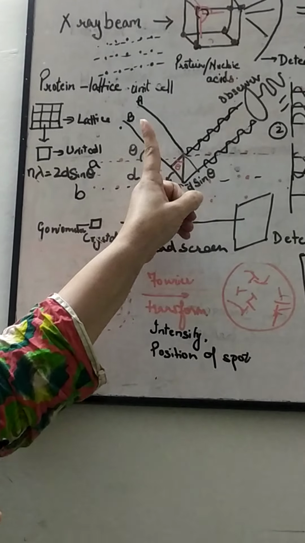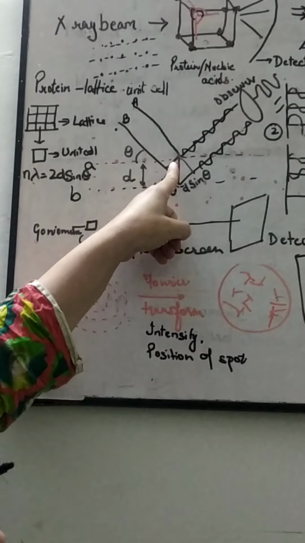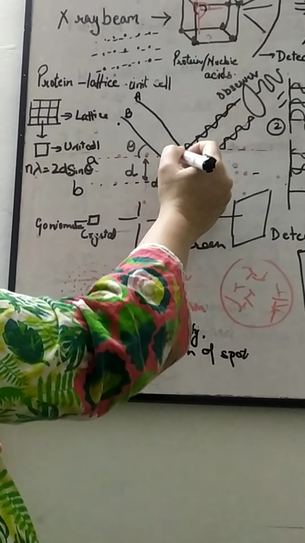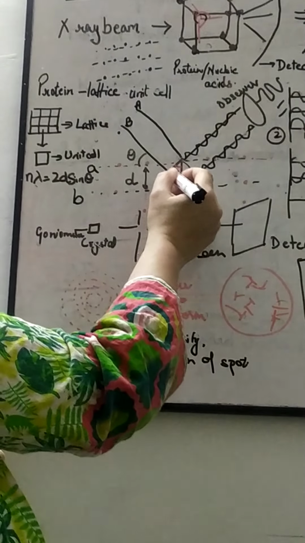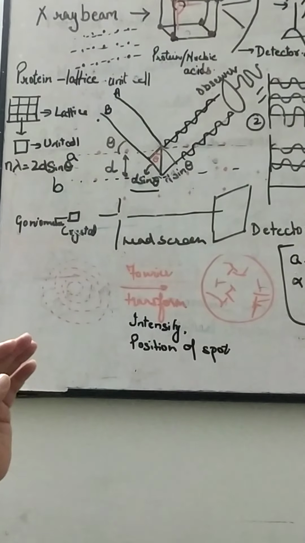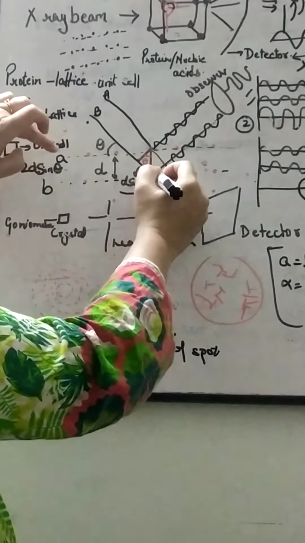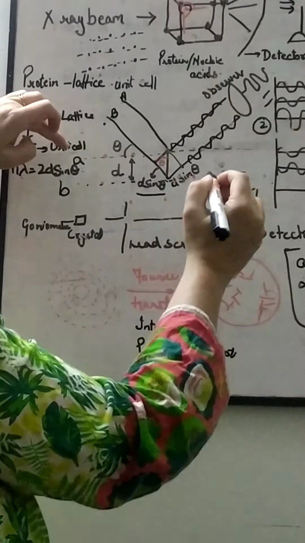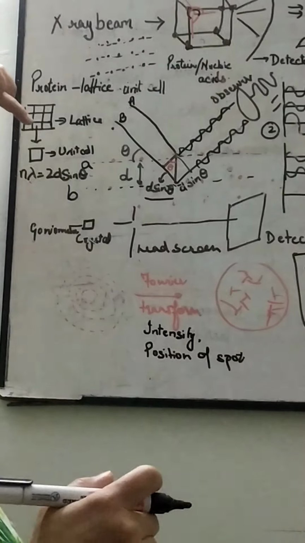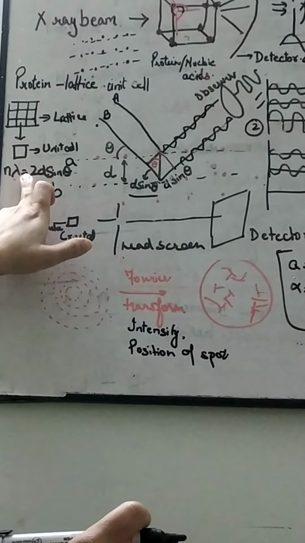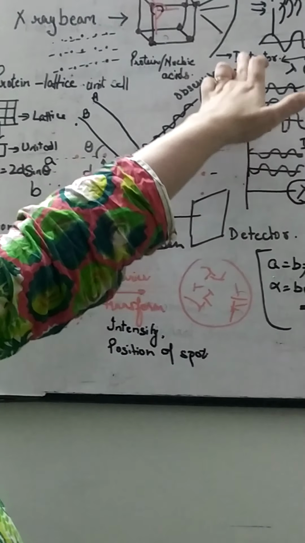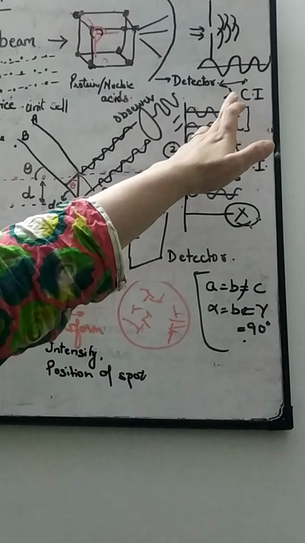Theta is the angle which the incident wave makes with the plane, so this is also theta. Whenever we make a perpendicular here, this extra distance comes out to be d sine theta. So one is this distance, another is this distance. This means the B wave has to cover an extra distance of 2d sine theta, and the waves always have to be in constructive interference.